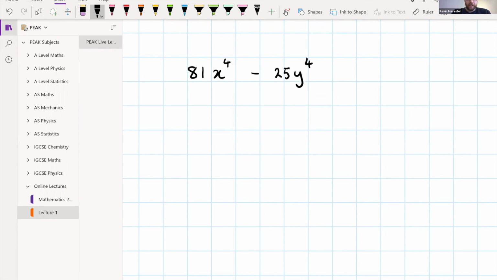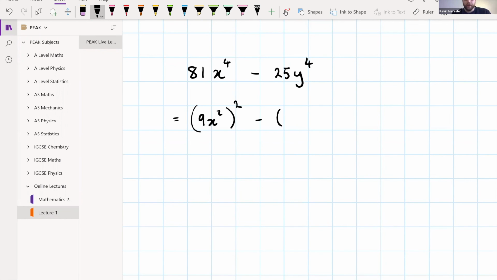Right, so let's see if we can write this in a squared notation so that we can see the difference of 2 squares a little bit more easily. Now, I know that 81 is 9 squared, and I know that x to the power 4 is the same as saying x squared times x squared. And so I can write this as 9x squared, squared. Now we haven't had an opportunity to go through indices, but in the next lecture video, we'll definitely go through it and explain how these work.